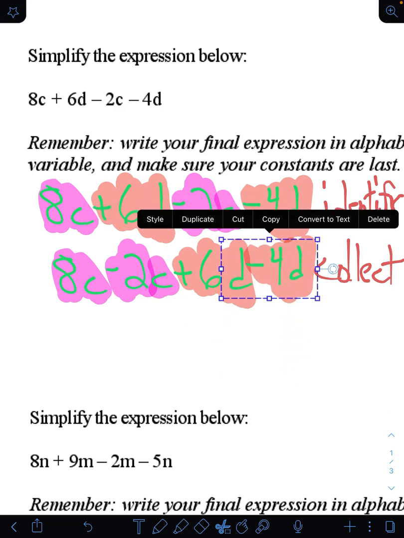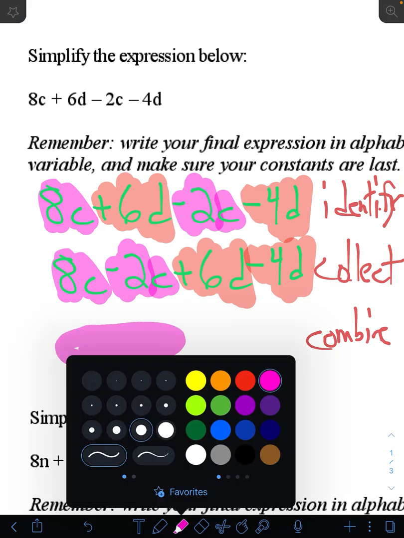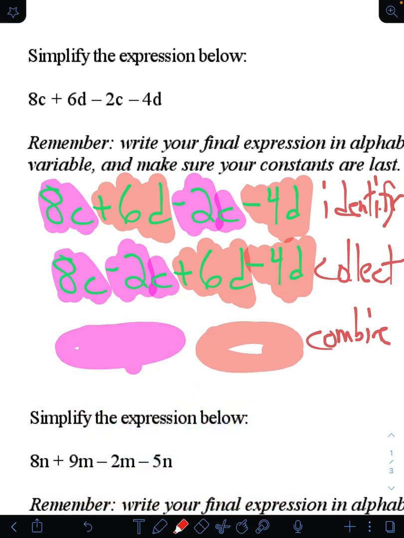So now we've collected our like terms. That makes it easier to combine our like terms. Okay, we'll use the same colors here to make sure we got it. So we have an 8C minus 2C. If you have 8 cats and you take away 2 cats, you have 6 cats.